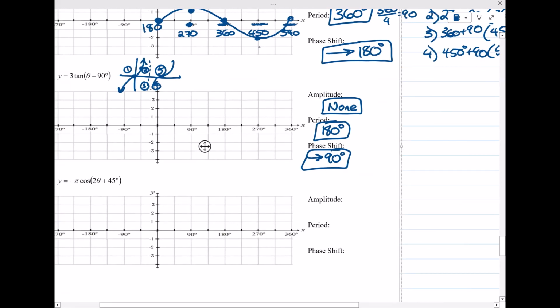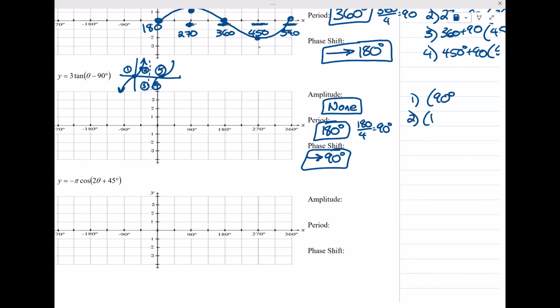So to get these other points, we're going to do 180 and divide it by 4, which is 90. So we're going to start with the phase shift, which is 90. Second point, we add 90 to that. Third point, we add 90 to it. Fourth point, add 90. Fifth point, add 90.